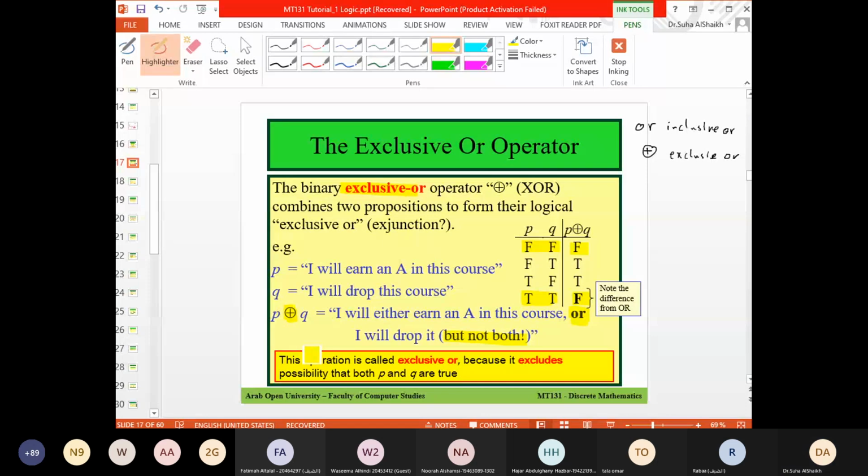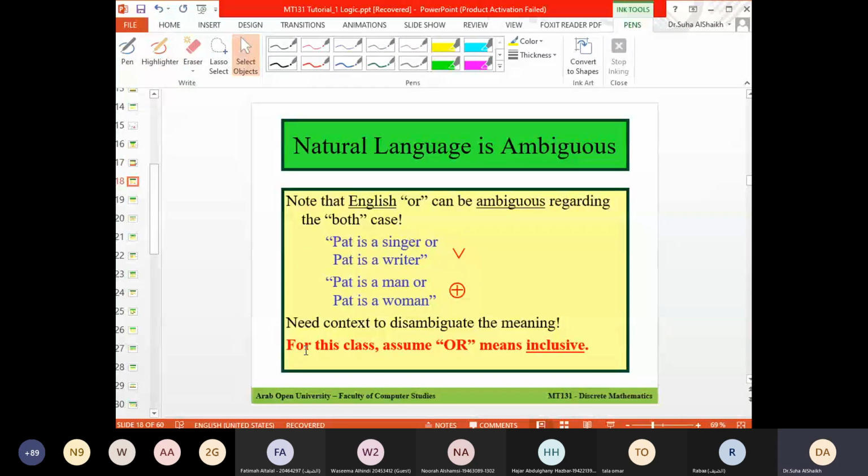Now we will have an example to see how to tell the difference between them. I'm going to show you an example of how to know they are different. In the English language, it can be a little tricky to distinguish between the or and the exclusive or.